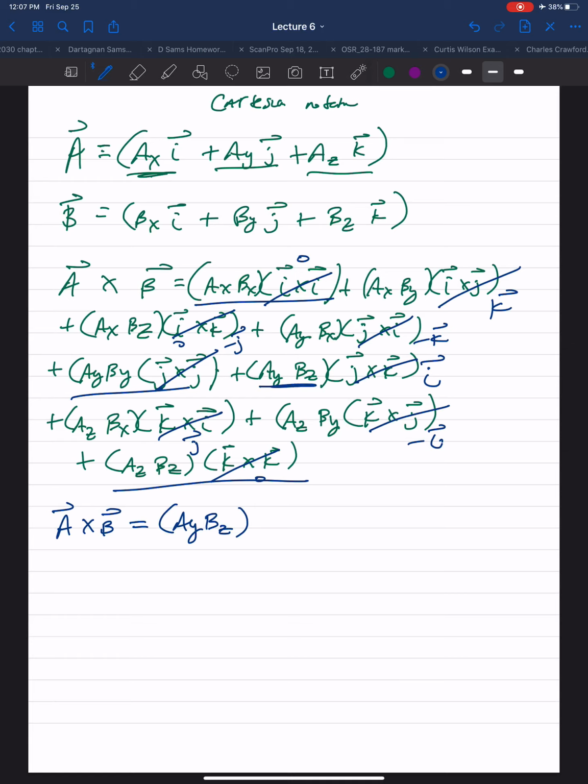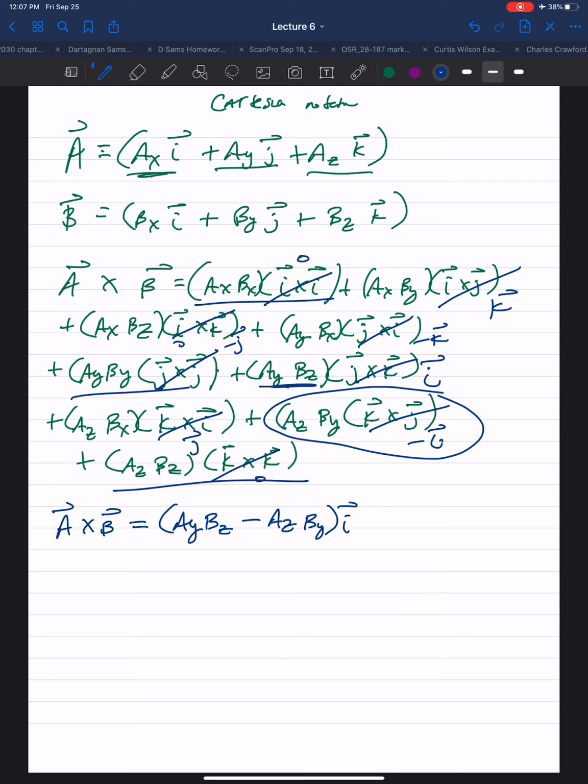So it's AY times BZ, i, and then we have an i down here, plus, I should say minus, because this is negative i right here, minus AZ BY unit vector i.